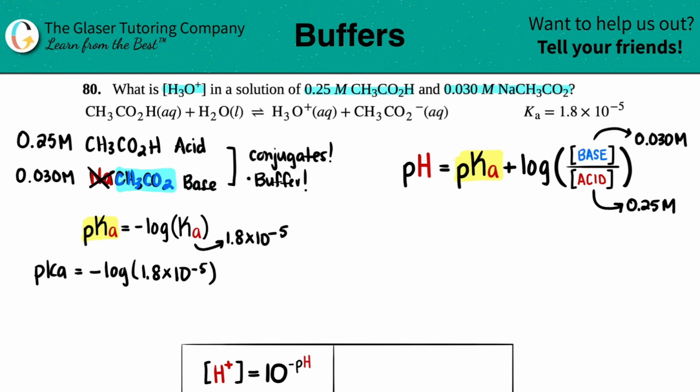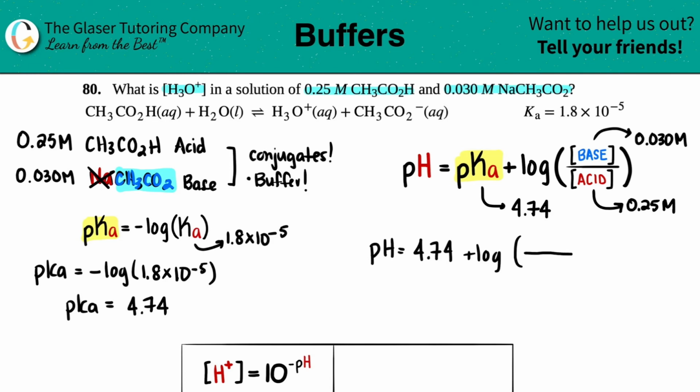I get 4.74, and that's going to be the number that goes here. Now I can solve for the pH. Keep in mind that log is a button on the calculator. So pH equals 4.74 plus the log of the base divided by the acid, 0.030 divided by 0.25.